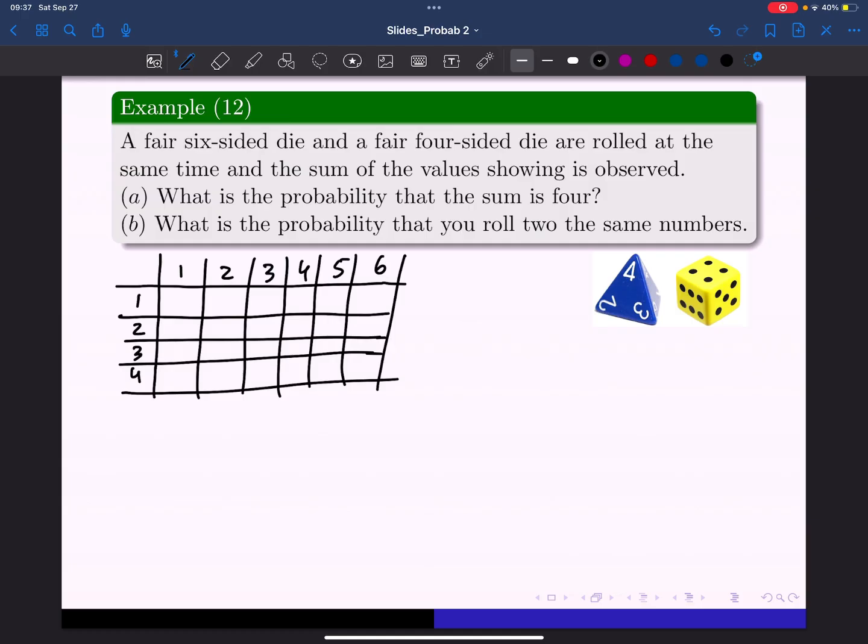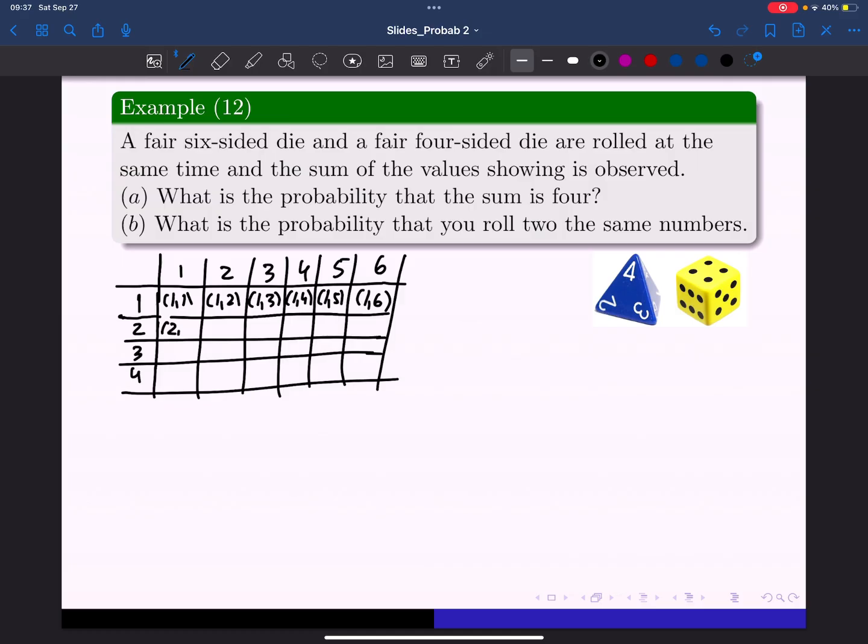So now, as we did before, we can have 1,1, 1,2, 1,3, 1,4, 1,5, and 1,6.